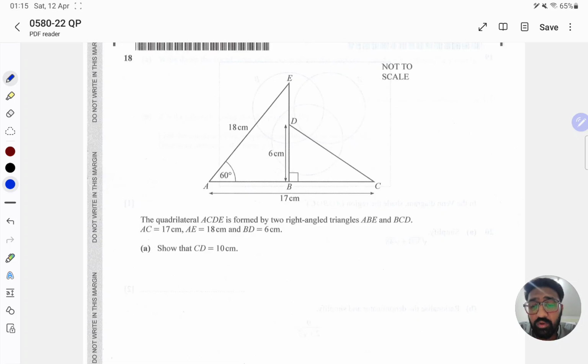AC is given as 17, AE is given as 18 and BD is given as 6. The question says that you need to show that CD is 10 centimeters. This is the one that we need to show as 10.